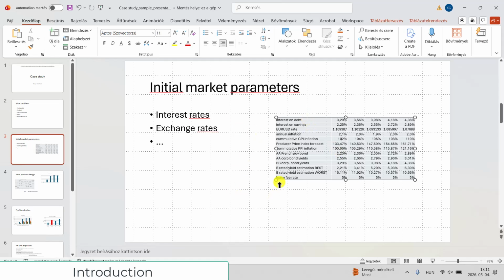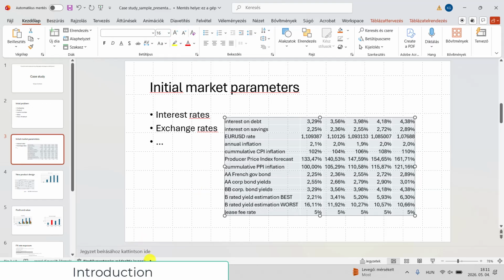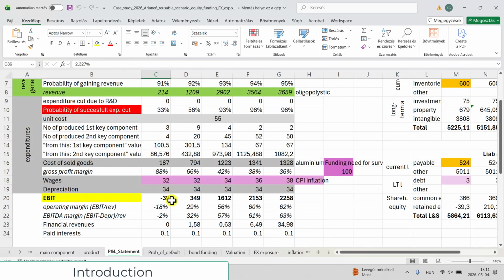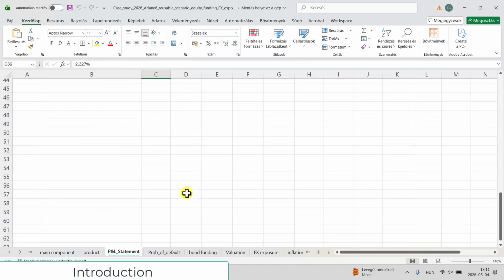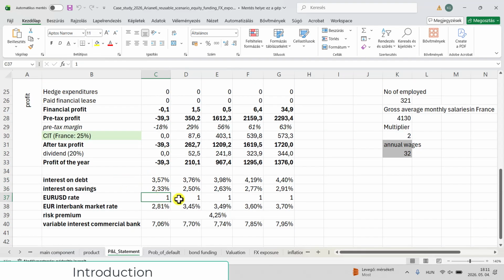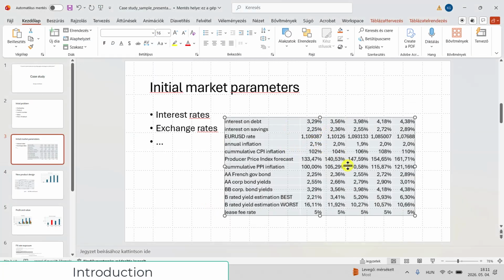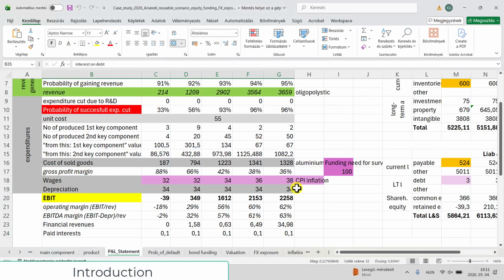So in this case, we can just grab this data already from Excel, because in the profit and loss statement we have the interest on debt, the exchange rate also, just we know that this one is different. So practically we just have to copy this data to here and then fill up everything we needed, what we had here.